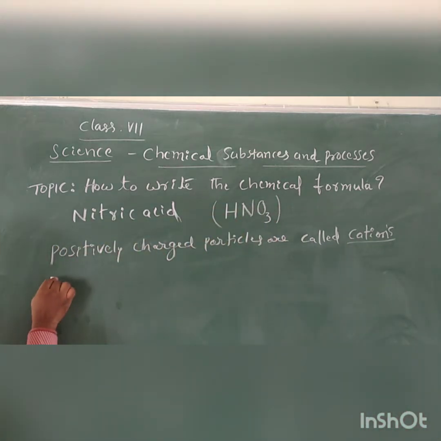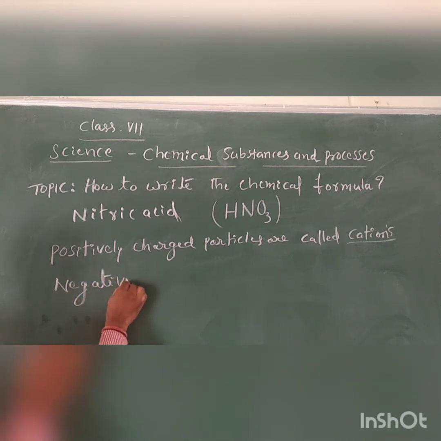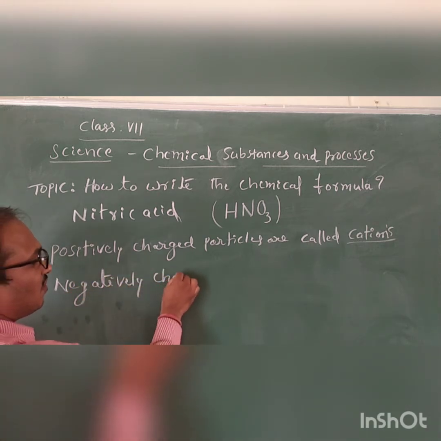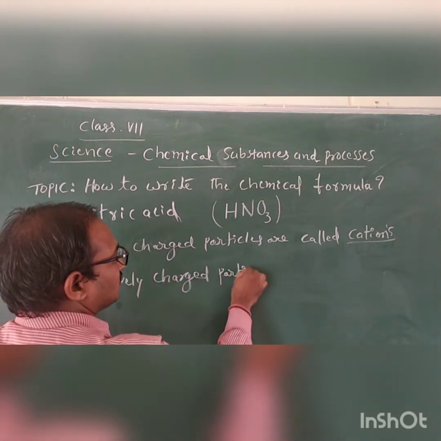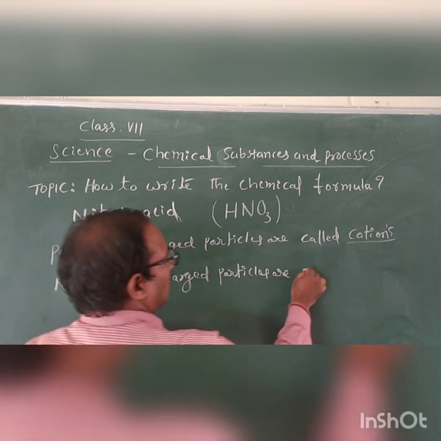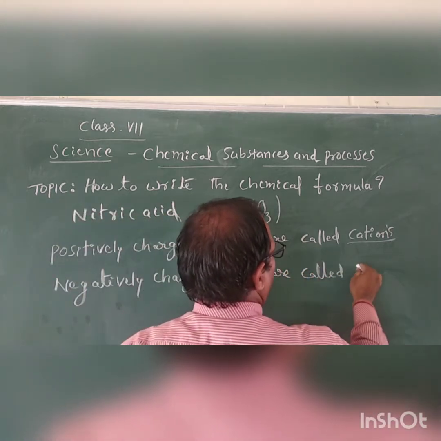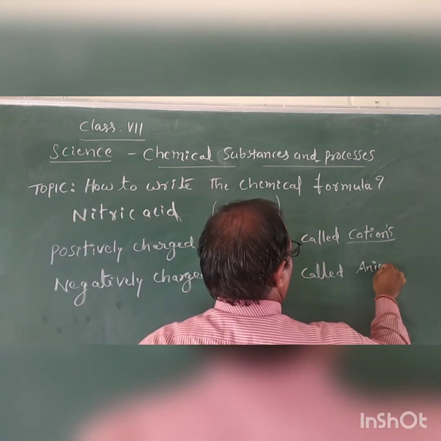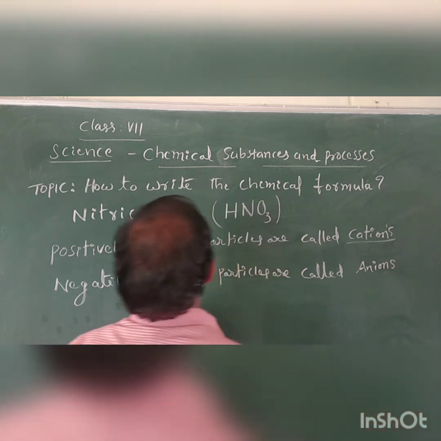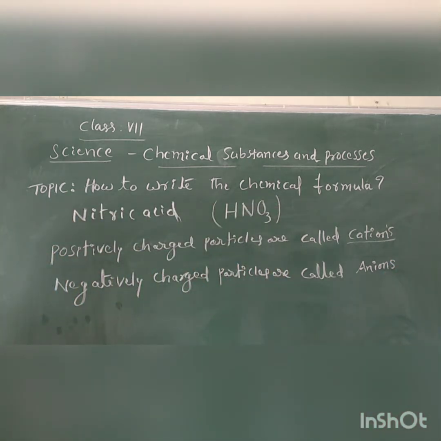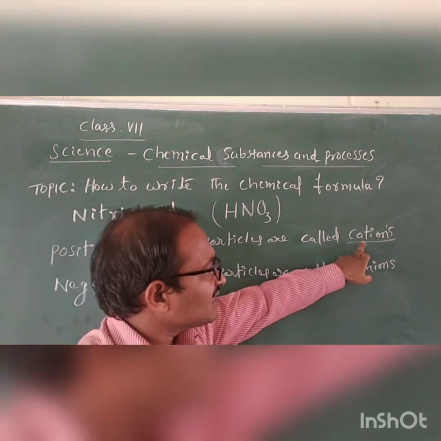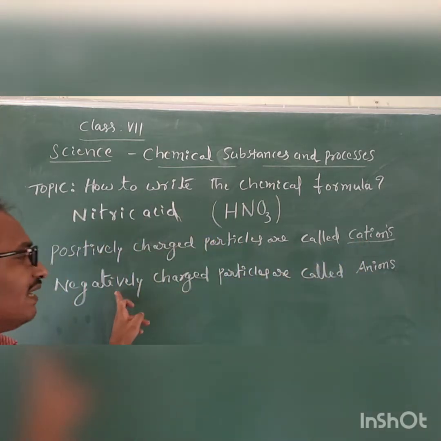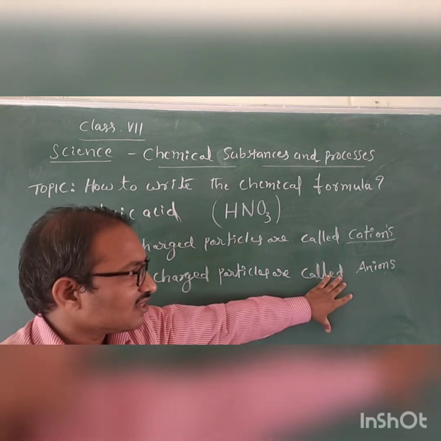The same way, negatively charged particles are called anions. So most chemical substances are made up of positively charged particles called cations and negatively charged particles called anions.